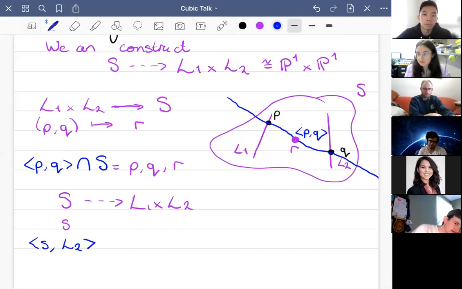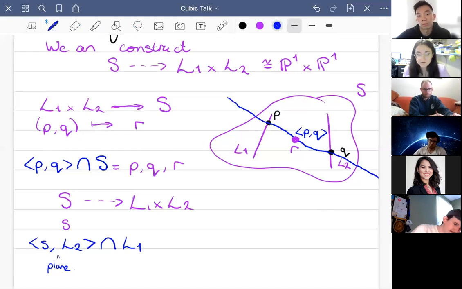If we write down in coordinates, we can write down a unique plane that contains this point and this line. So this is a plane. And again, we can intersect this plane with the other line. So we can intersect with L1.